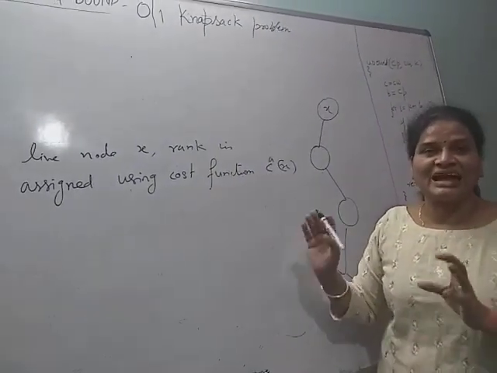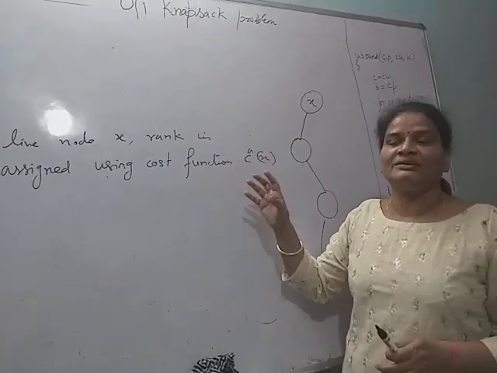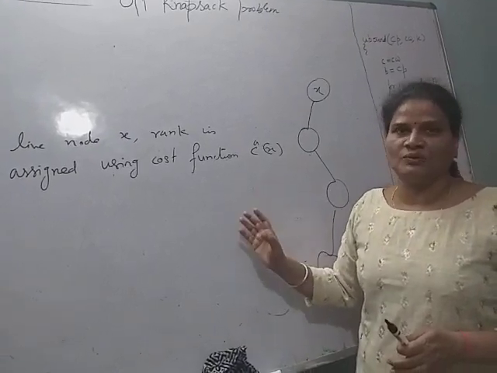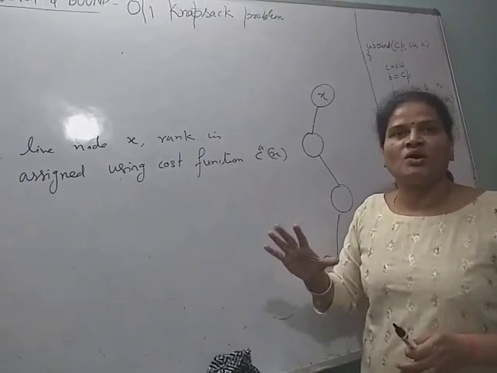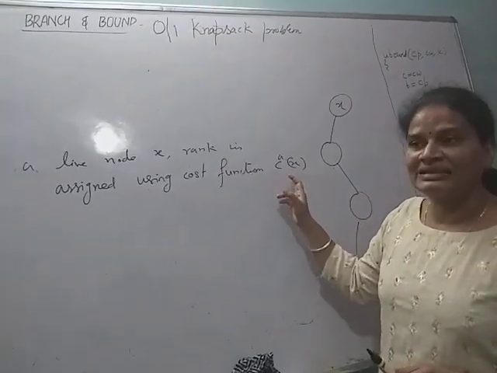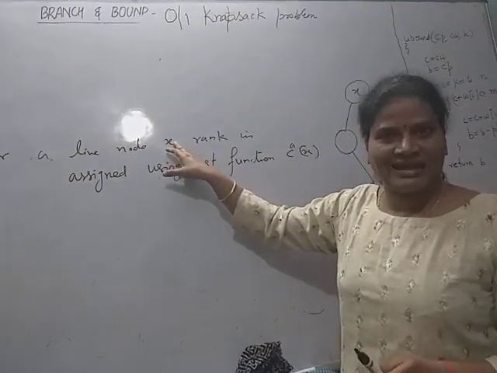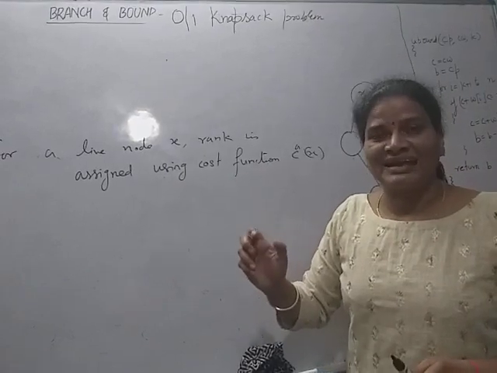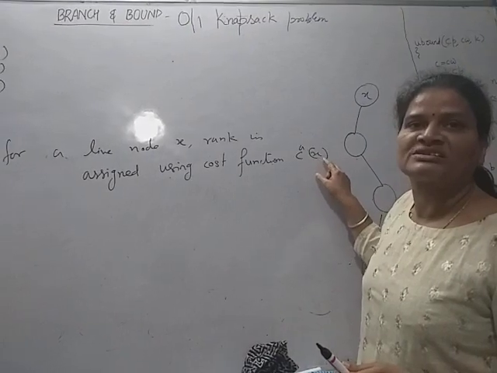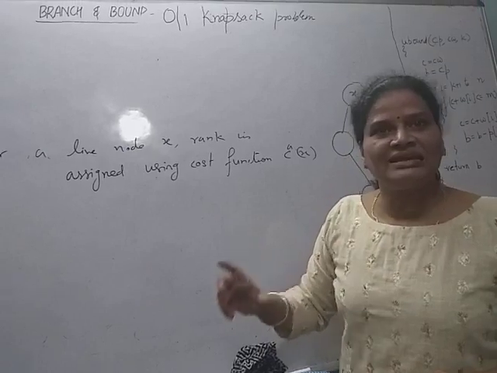The live node whose cost function C cap X is the minimum will be selected as the next E node. So the least cost search strategy uses a cost function, and this cost is assigned to every live node X, and the live node X with least cost function will be selected as the next E node.